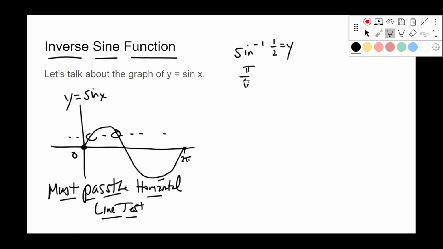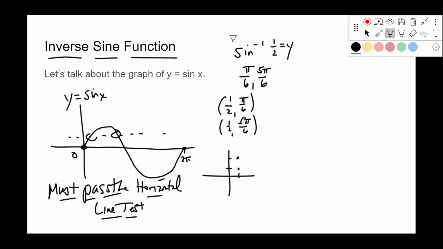Well, pi over 6 does. And technically 5 pi over 6 does. We agree? So I'd have to go over 1/2 up pi over 6, and then over 1/2 up 5 pi over 6. Now, the issue with that is if I go over 1/2 and up pi over 6, and then up 5 pi over 6, here's the problem with my inverse sine function. It fails the vertical line test.